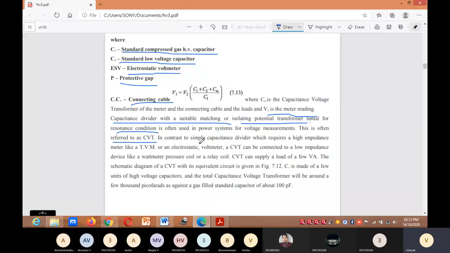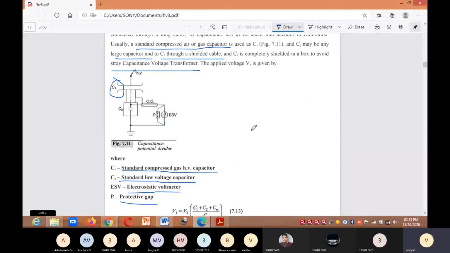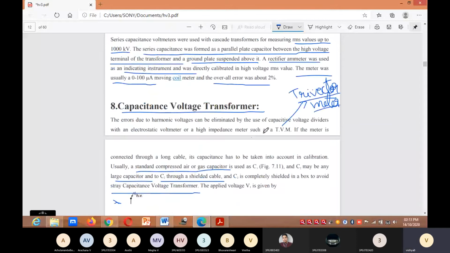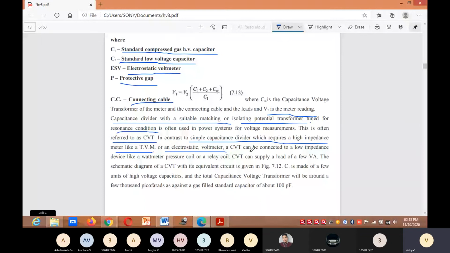In contrast, a simple capacitance divider requires a high impedance meter like a TVM, or an electrostatic voltmeter, whereas a CVT can be connected to a low impedance device like a wattmeter pressure coil or relay coil. A CVT can supply a load of a few volt amps.